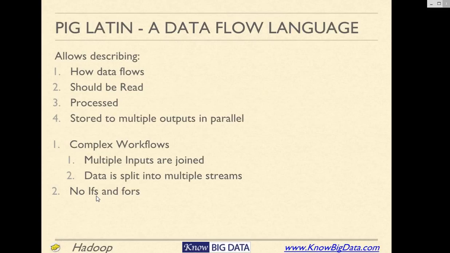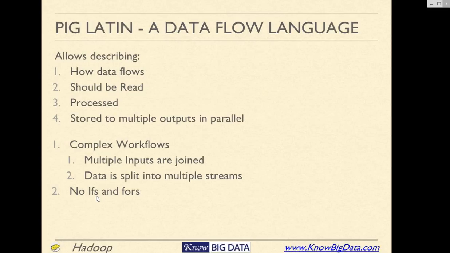You mention the input file, how the input will be broken into words, based on what problem you are trying to solve, how the input will be broken, etc. And you then specify how the data should be processed, and then you can store the outputs in parallel. We will discuss more about how we can do it in parallel, but we can store the output in parallel.